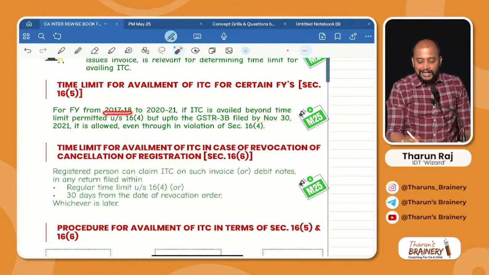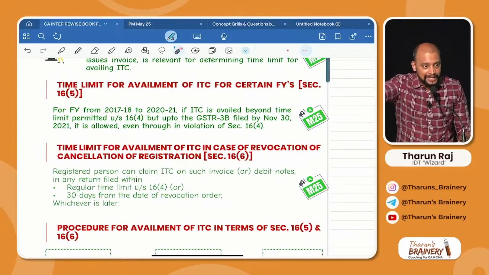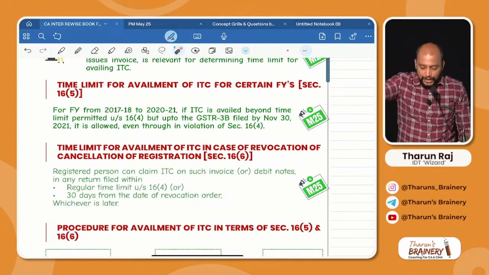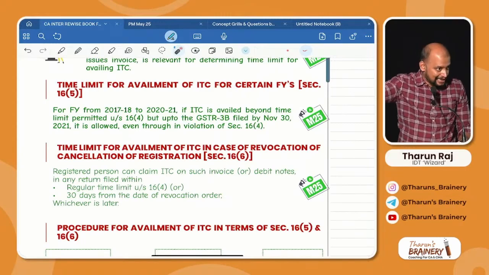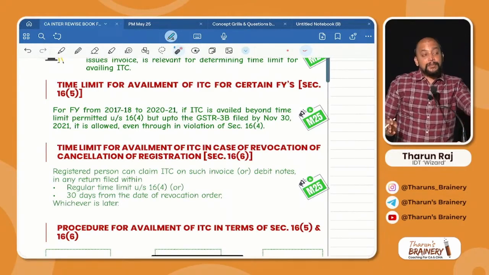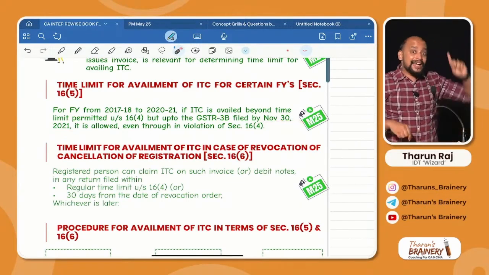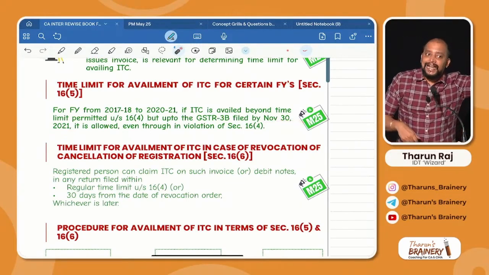So the 17-18 financial year time limit would be 30th November 2018, then 2019, 2020, 2021, like that. So if they have taken the ITC beyond the time limit also, but maximum by which date? November 30, 2021.